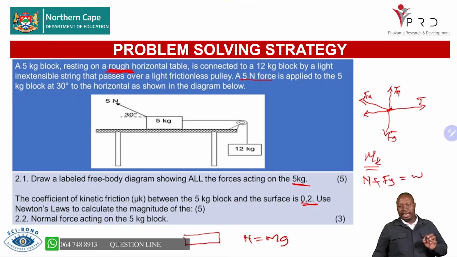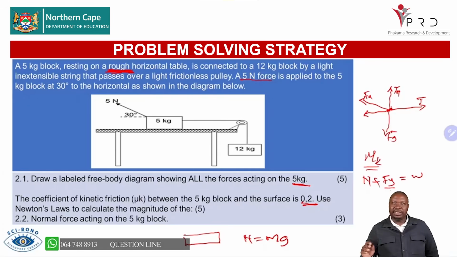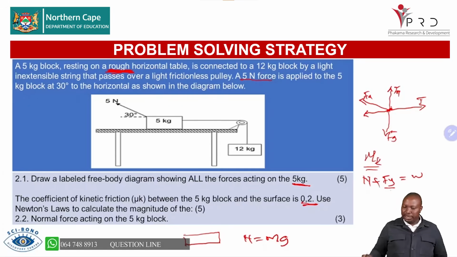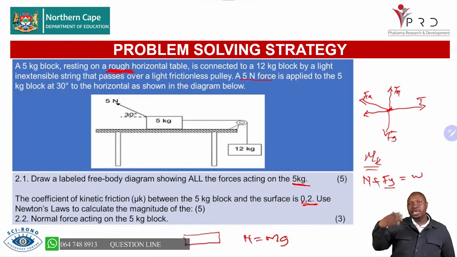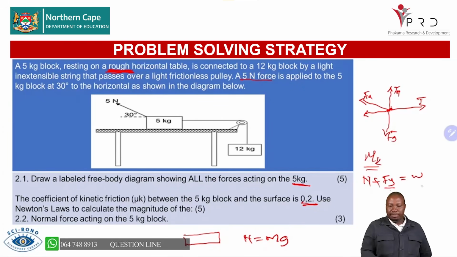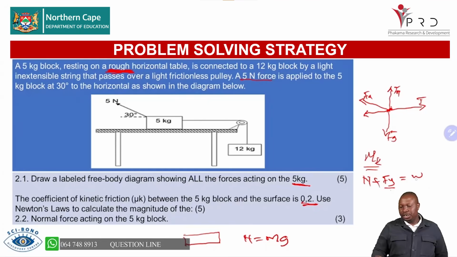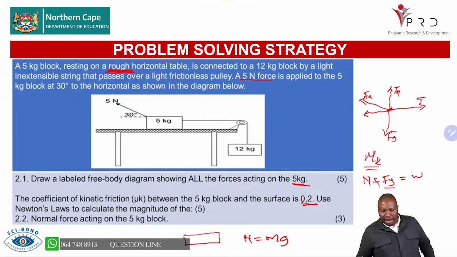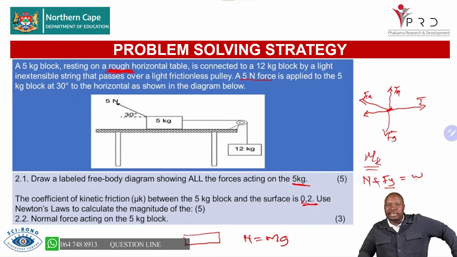So you are able to know that now, because we are at an angle, our normal force will include the component, which is our Fy, which is our F sine theta, which will be our F sine 30, because our theta is given as 30 there. So it's very important that you have that, and then you are able to say, okay, normal force would be the difference: our weight is mg, so it will be mg minus 5 sine 30.